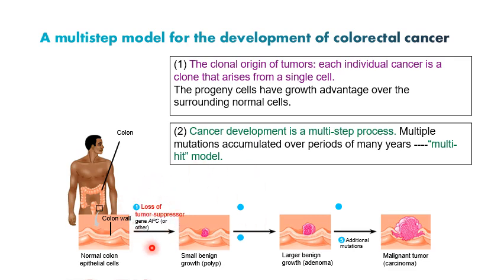First of all, the loss of the tumor suppressor gene APC will appear, which will cause the growth of the benign tumor or polyps.